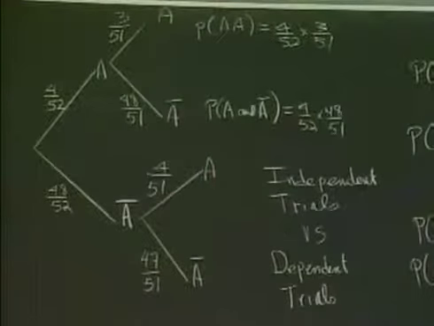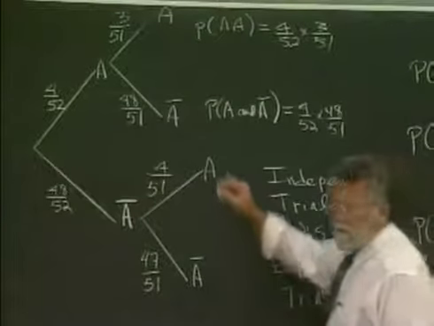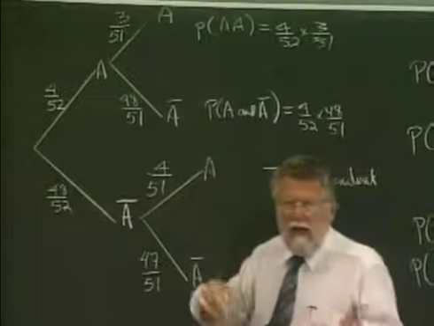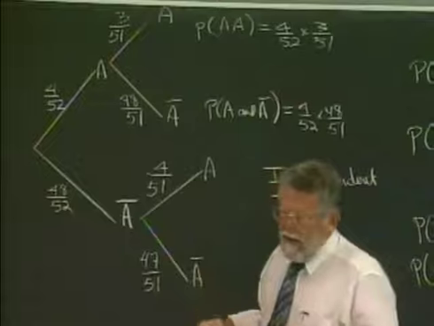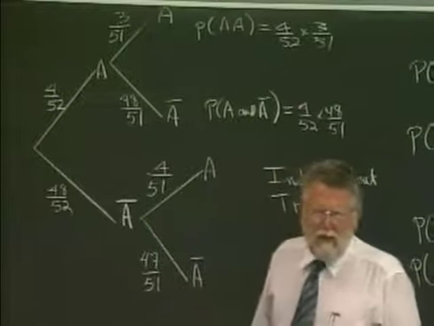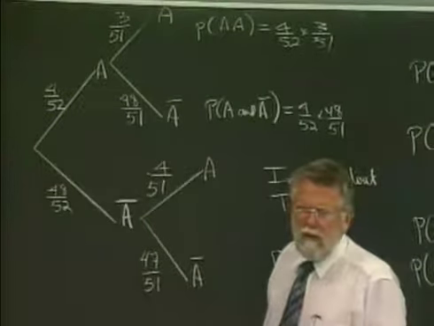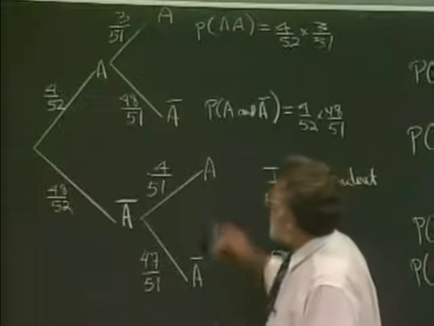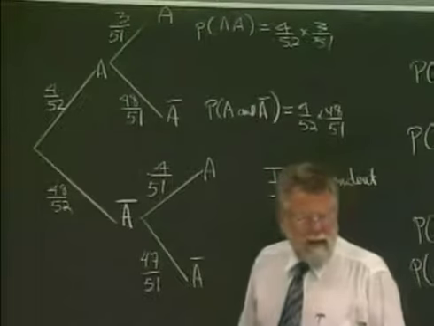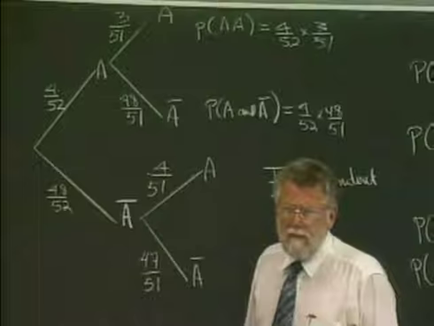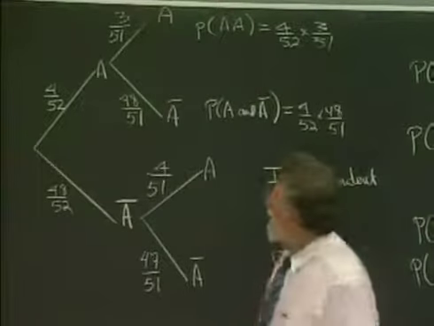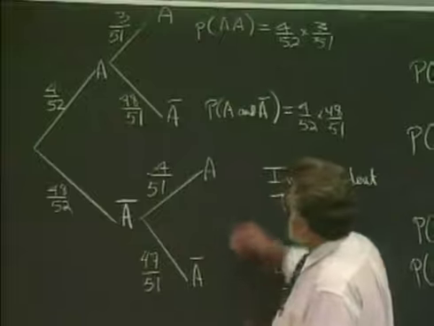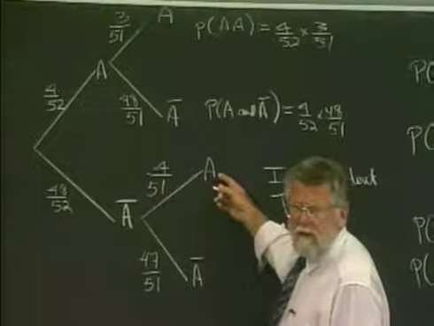Now, as I look at this, I sort of put pieces together. I said A and A not, or not A. But what if I just ask, what's the probability that you get an ace on the second draw? Well, 2 branches are involved, correct?